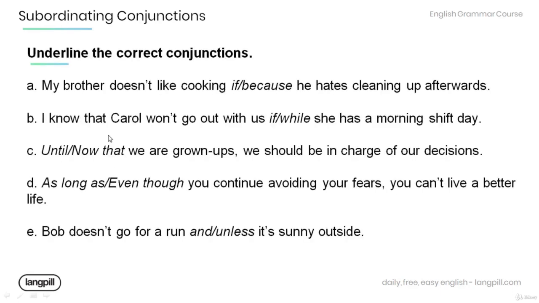And now, time for you to practice on your own. Read the following sentences and underline the correct conjunctions. A. My brother doesn't like cooking if because he hates cleaning up afterwards. B. I know that Carol won't go outside with us if while she has a morning shift day.